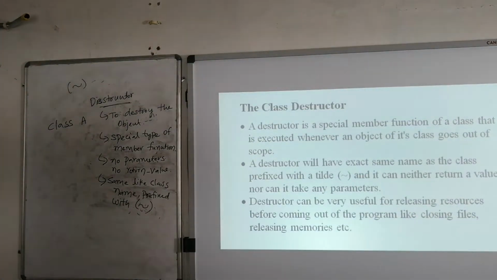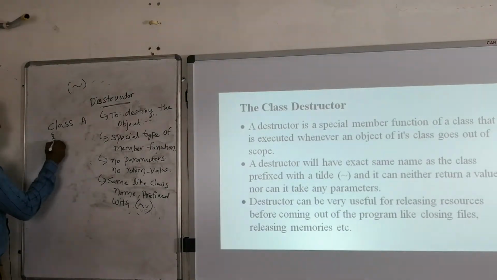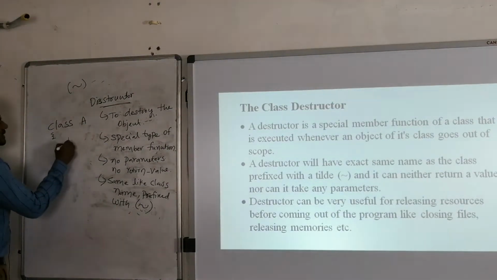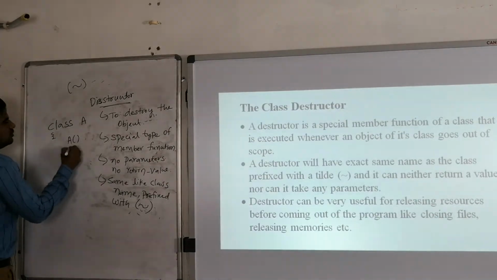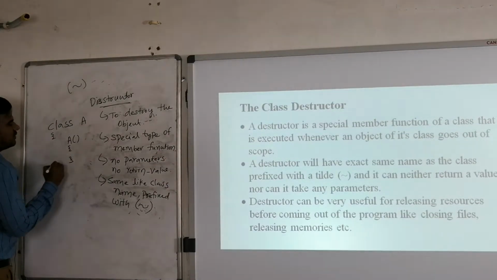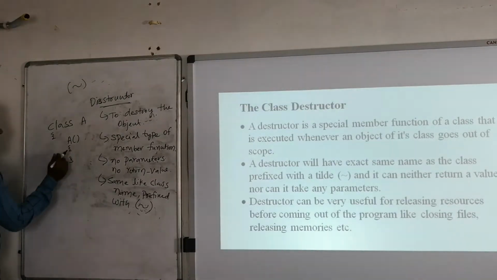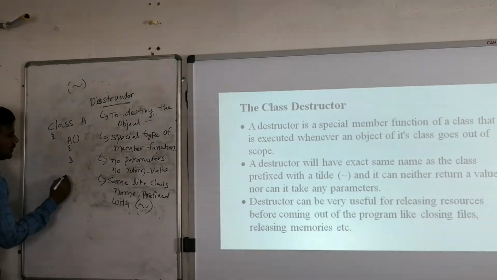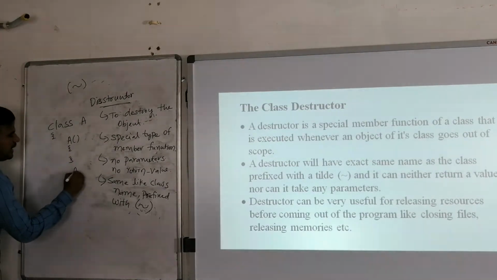then how is the constructor for this class A going to be? Constructor A followed by two parentheses. In this way we write the constructor. Now the destructor is going to be similar: A parentheses prefixed with a tilde symbol.